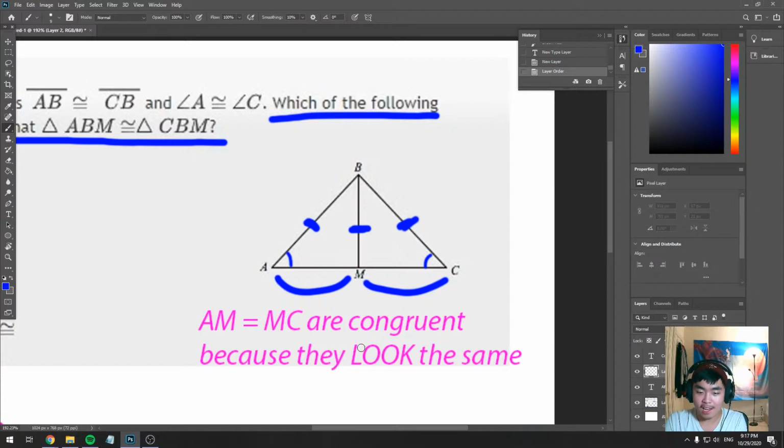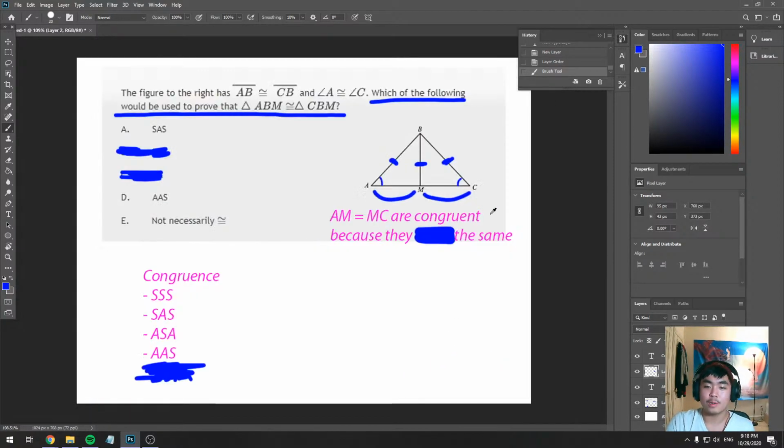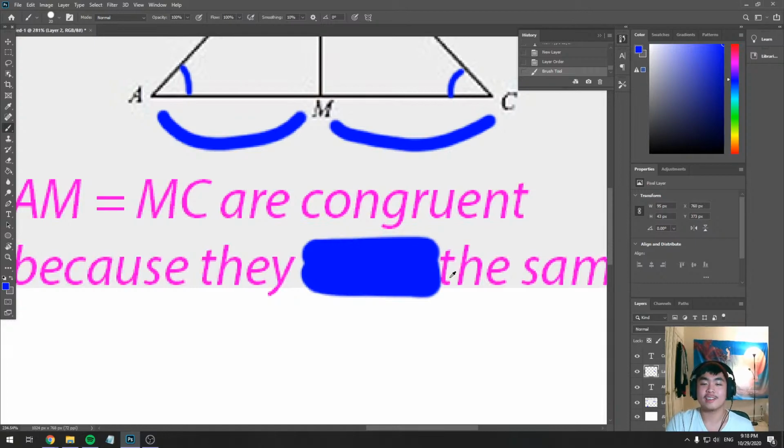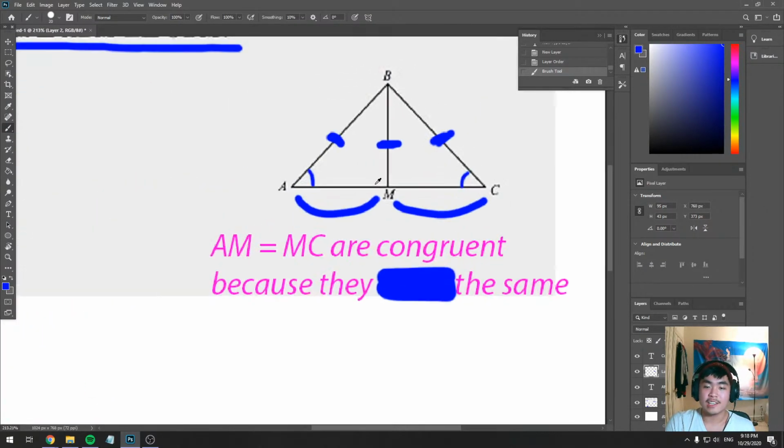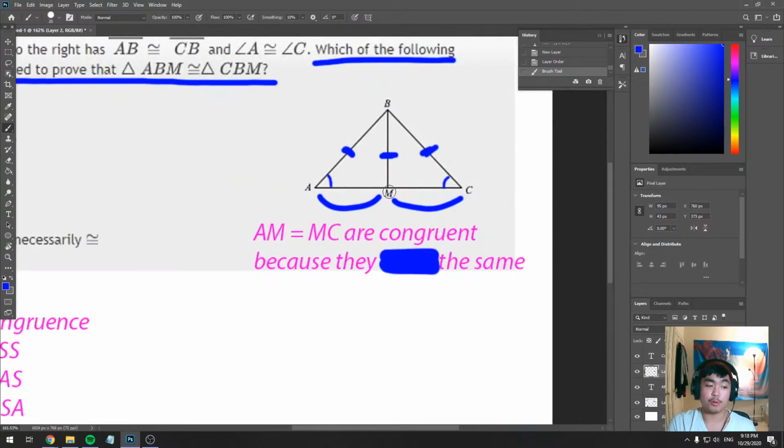We do not use the L word in this classroom. We do not use "look" in this classroom. Look is not a logical proof. We want to use a real reason.